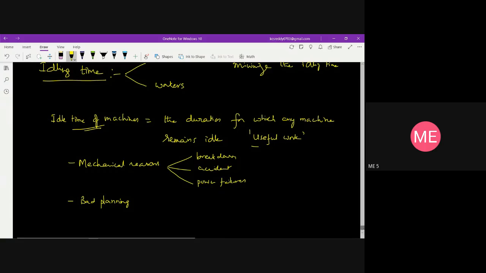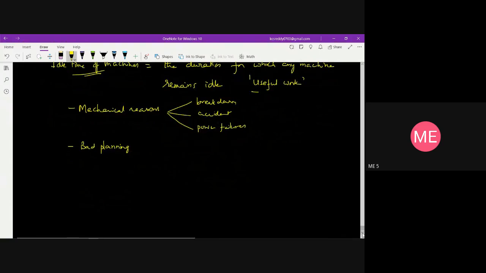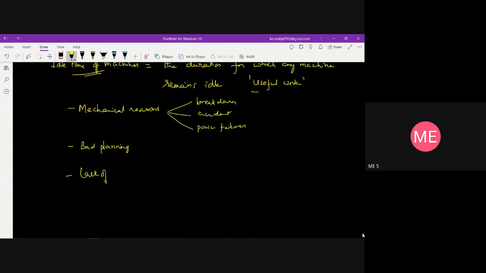And lack of workforce. For example, we are running 3 shifts, but you have the workforce for only 2 shifts, and one shift will be kept idle.